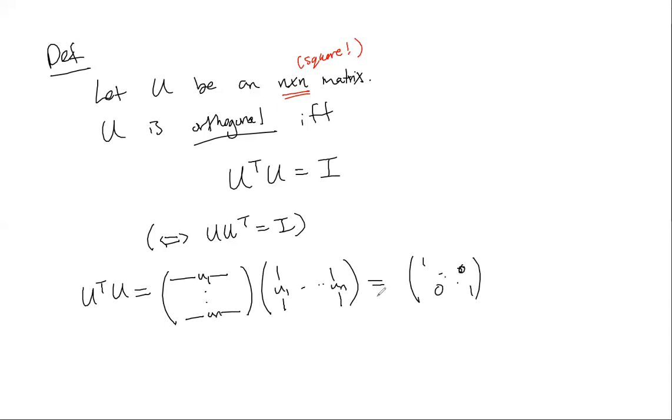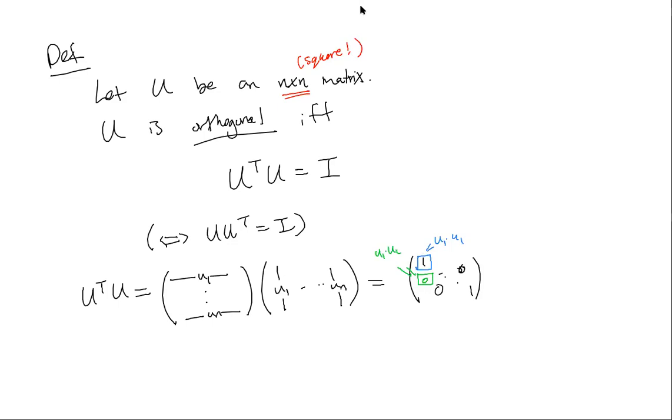then if you just break this apart, you see that, for example, this first entry here is exactly the dot product of U1 with itself. And the second entry, maybe right below it, which is a 0, is the dot product of U1 with U2.